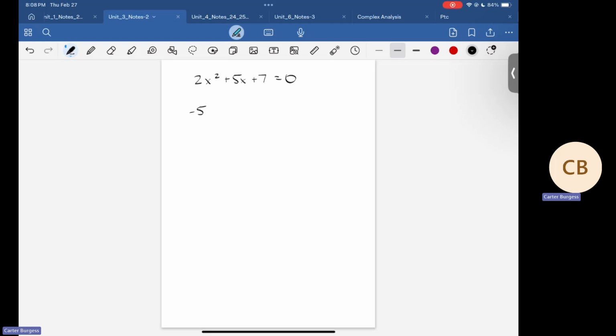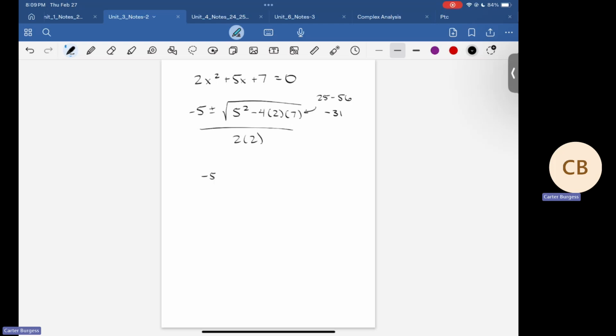This is negative 5 plus or minus the square root of 5 squared minus 4 times a times c, all divided by 2a. Okay. This here is going to be 25 minus 56, which is negative 31.